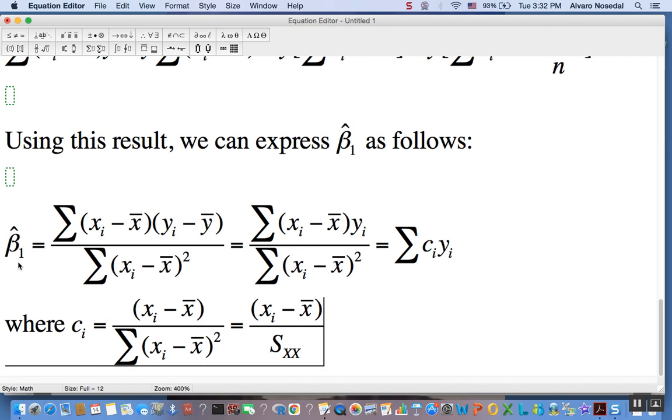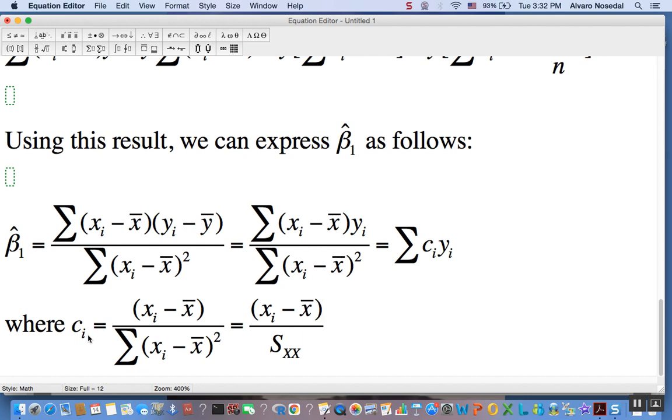Okay, so before we find the mean and the variance of beta 1 hat, we're going to talk about three important properties of these ci's, these coefficients we just defined.